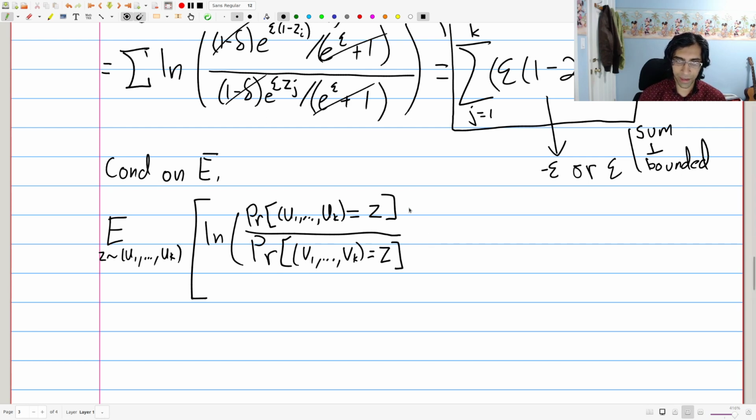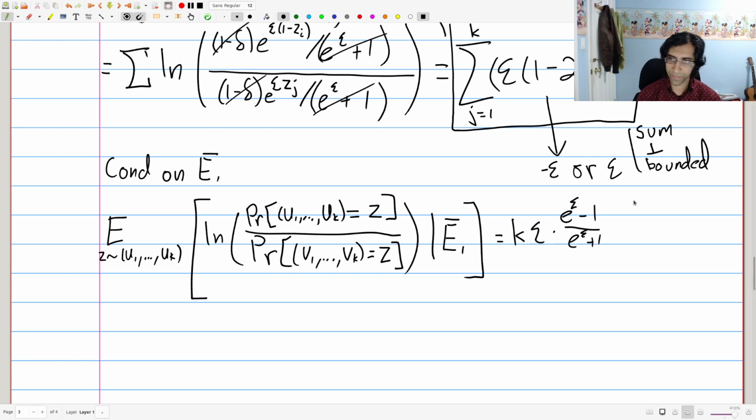But the special thing is that this time, like I said, we're conditioning on bar of E1. And in this case, I claim that the expectation of this random variable is equal to k epsilon times (e to the epsilon minus 1) divided by (e to the epsilon plus 1).